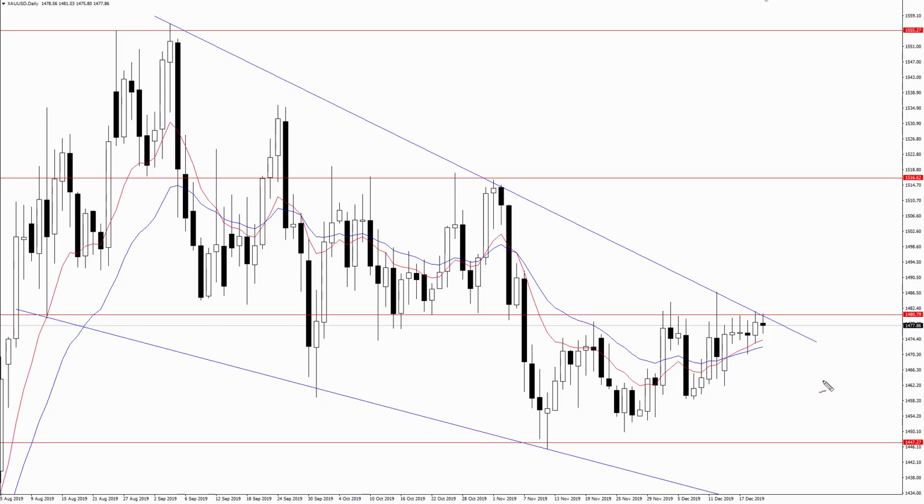So if we see gold close above this area, rotate lower and retest it, why not wait for a pin bar or even an engulfing candlestick to form in order to confirm that breakout for that next leg higher? You can also, of course, combine those two methods, so splitting your position up into blocks and also waiting for price action confirmation. So those are two ways to help sidestep false breaks like that.